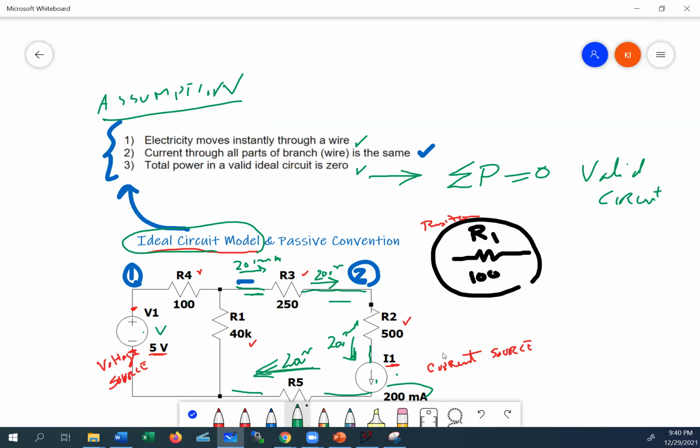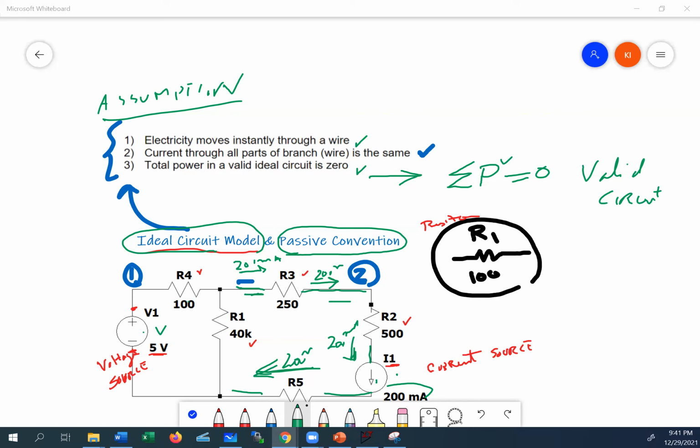All of that current will be the same. The third assumption is that the sum of powers in the circuit is equal to 0. For this we need a little more discussion, and we need to talk about what this passive convention business is. So let's move to that and start a conversation about what a passive convention is and what that means.